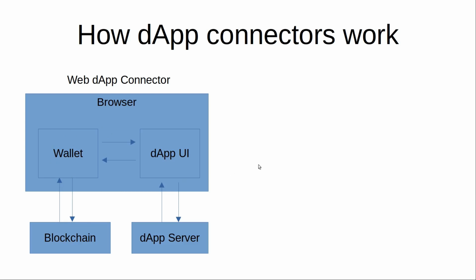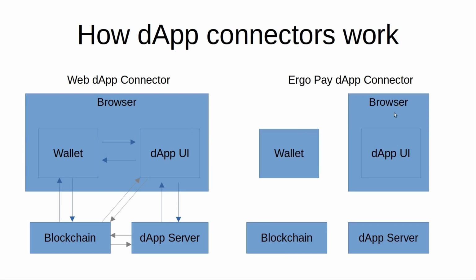Now, ErgoPay has to work differently because we don't have this browser layer where both the wallet and the dApp live. So it looks a bit different. We have the browser with the dApp UI, still the dApp web server, blockchain, and the wallet.